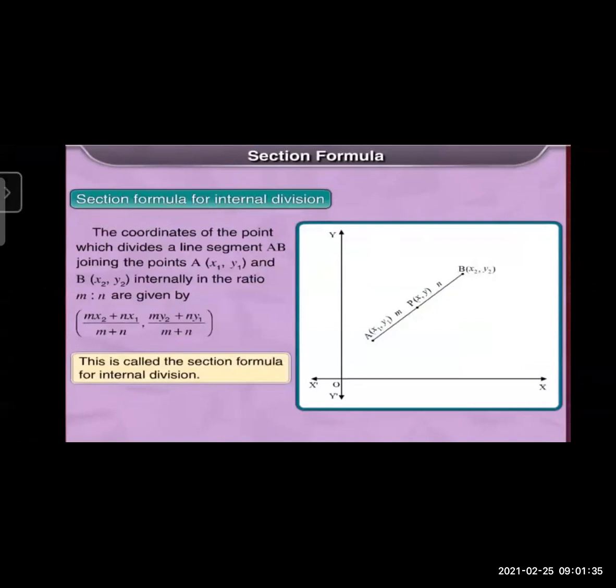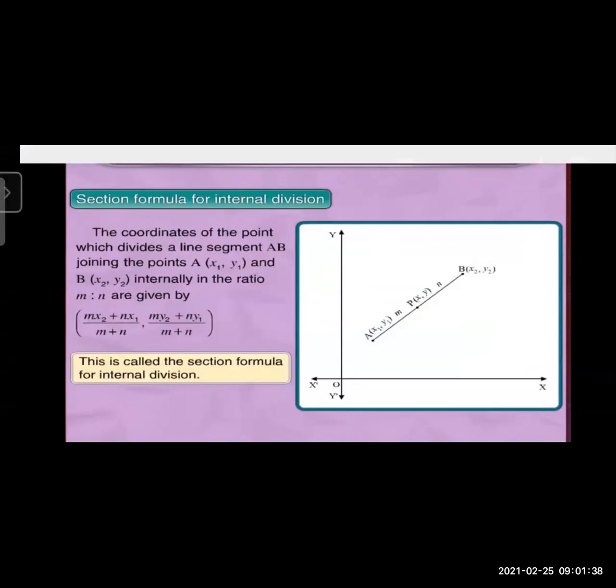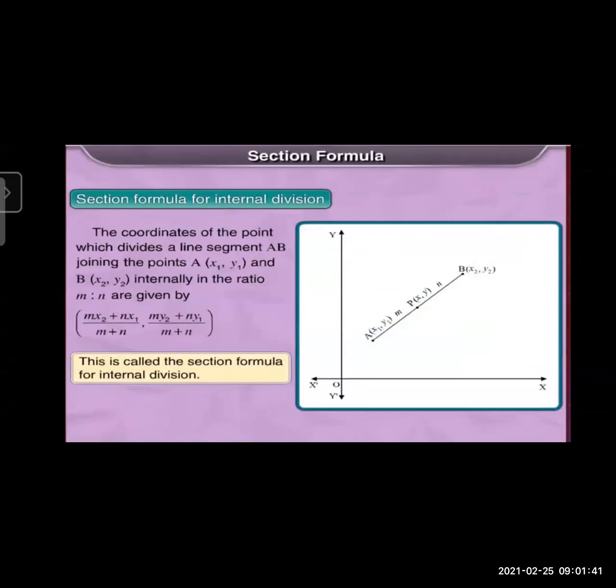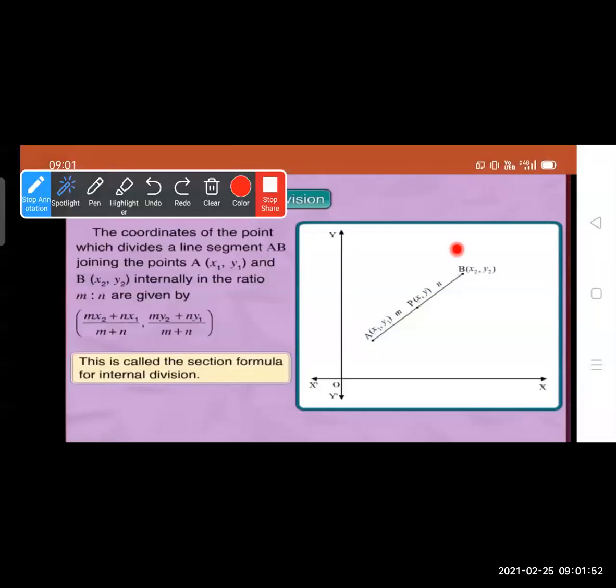The coordinates of the point which divides the line segment AB, joining the points A having coordinates x1, y1 and B having coordinates x2, y2. So here we have line segment AB, with A having coordinates x1, y1, B having coordinates x2, y2. And point P divides this line segment internally in the ratio m:n.